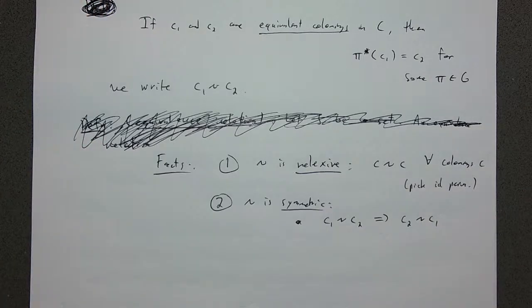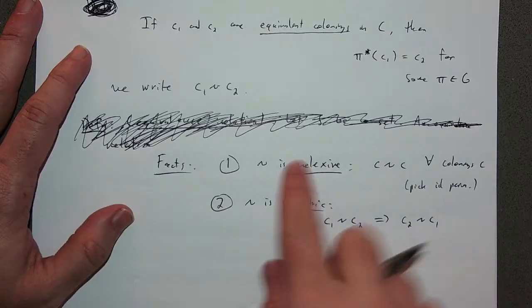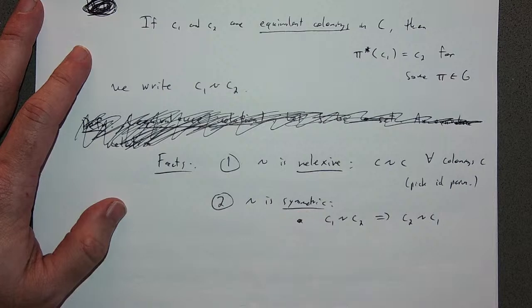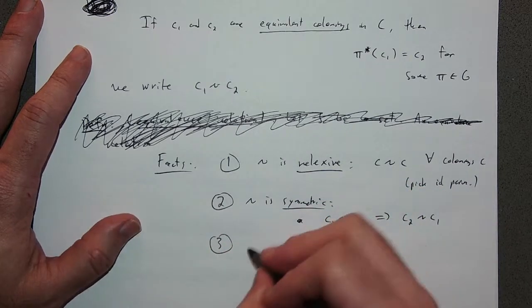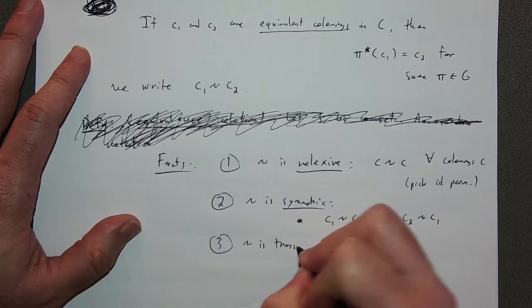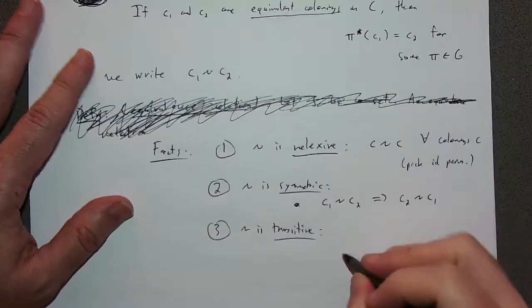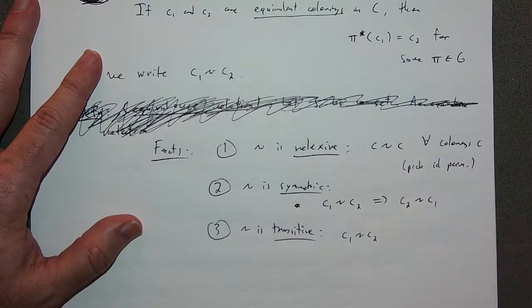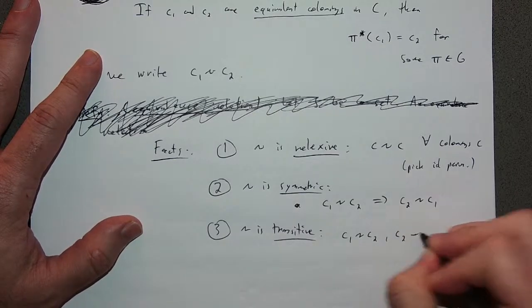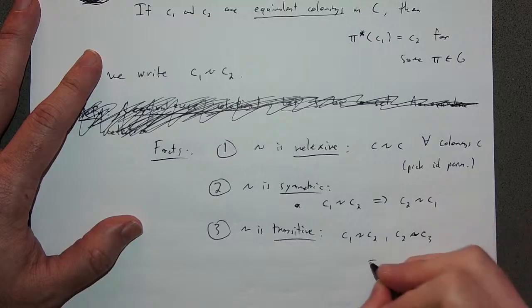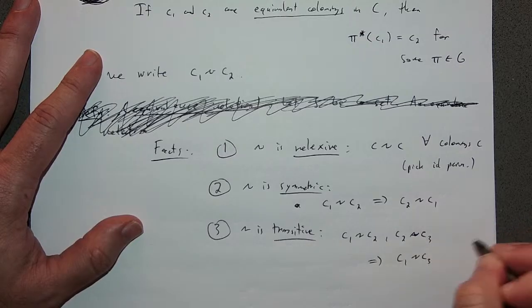So there's no direction to the equivalence here. Okay, two colorings that are equivalent, unambiguously. I don't say that coloring 1 is equivalent to coloring 2, but coloring 2 is not equivalent to coloring 3. That doesn't make any sense for us if we're using the word equivalent. So this is symmetric. And 3, it is transitive. So if C1 is equivalent to C2 and C2 is equivalent to C3, this implies that C1 is equivalent to C3.